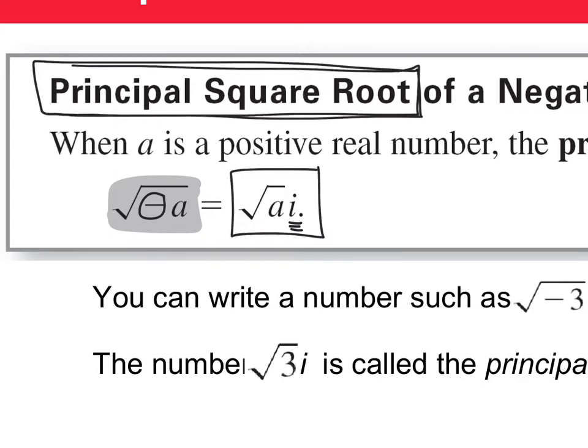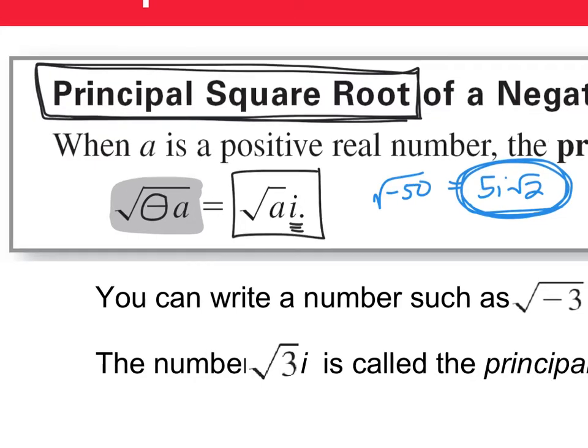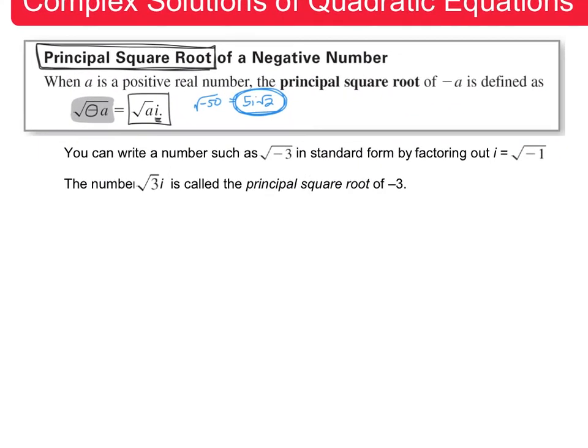And that just means it's the simplified square root. Like in the last set of examples that we did, if you just scroll up, we did the square root of -50, and we said that was 5i root 2. So this would be the principal square root, the simplified square root with an imaginary number. And that's all that is.